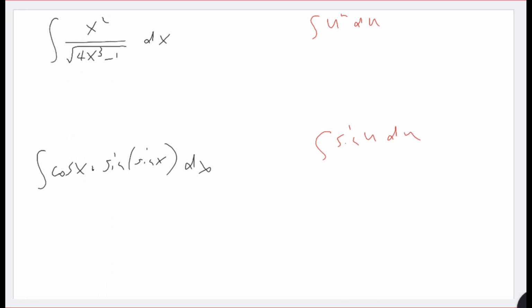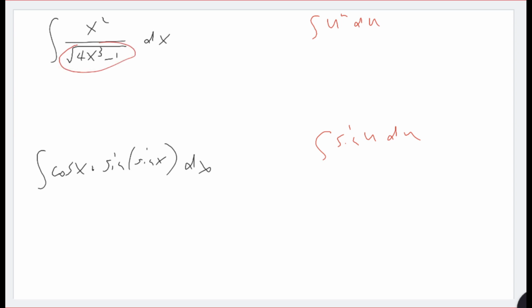Let's see more examples. So here again, two parts. The two parts could be two factors in a product, or numerator and denominator in a fraction. So here we see in a fraction there's x squared, there's square root, and this is more complicated. So we have to focus on that.